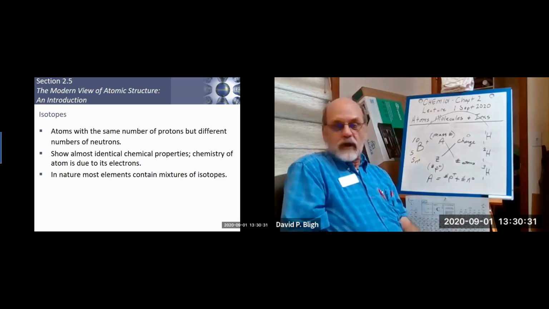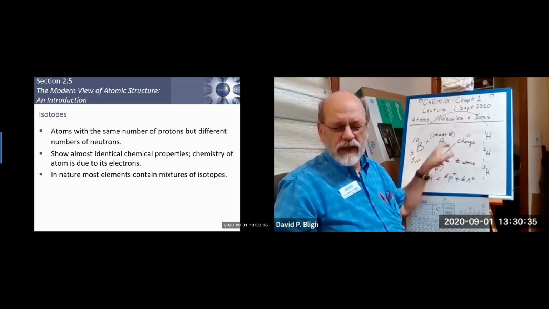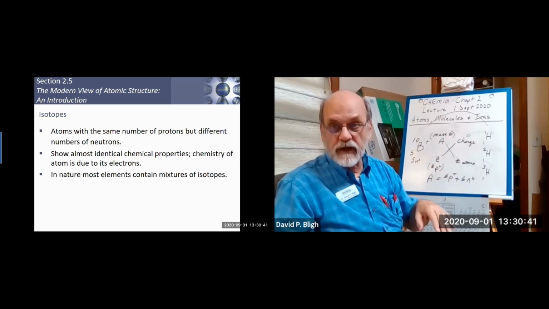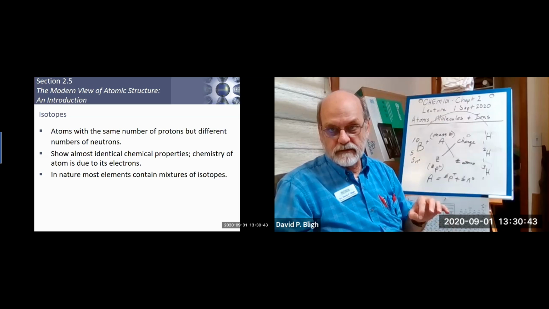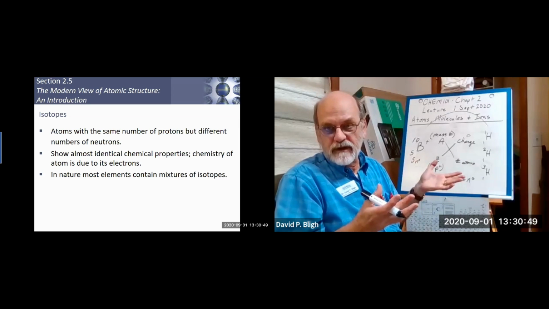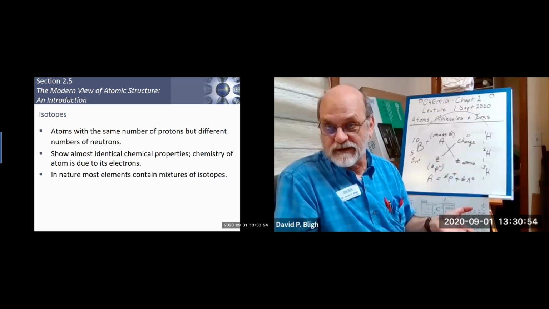Okay. So the moral of that story is you can only have a charge on an element by increasing or reducing the number of electrons. Why can't you do it with protons? Right? That would be in balance. Well, if you change the number of protons, you don't have the same element.